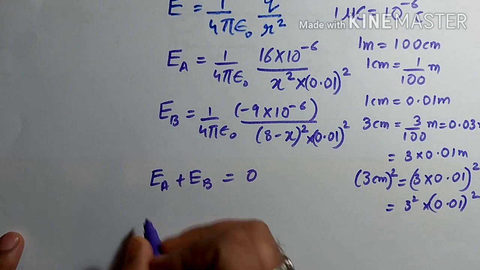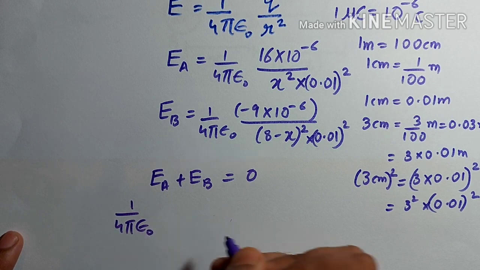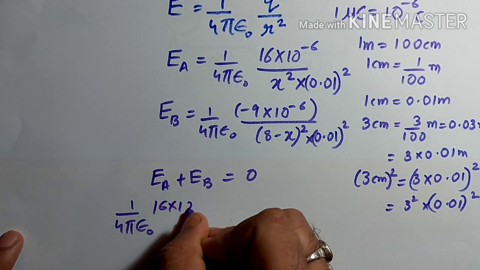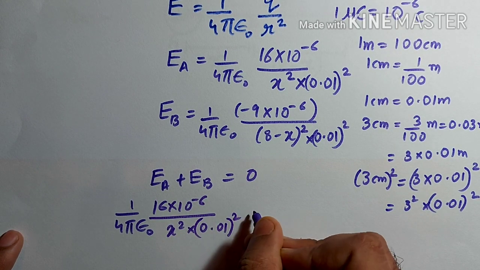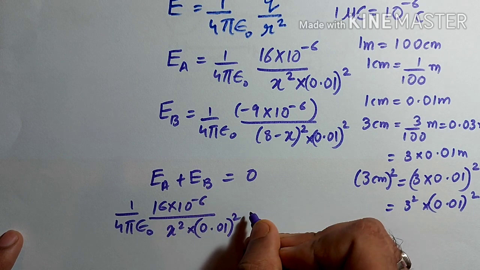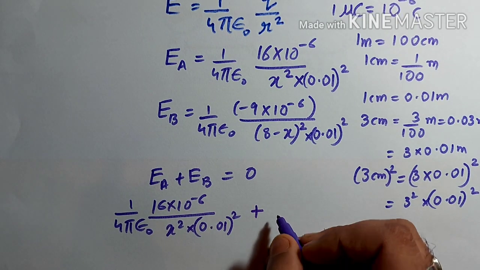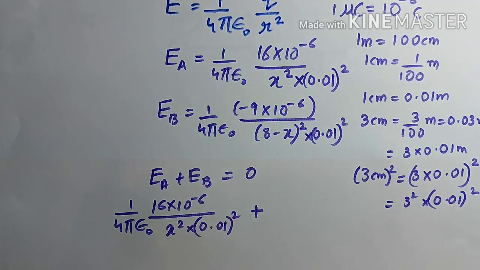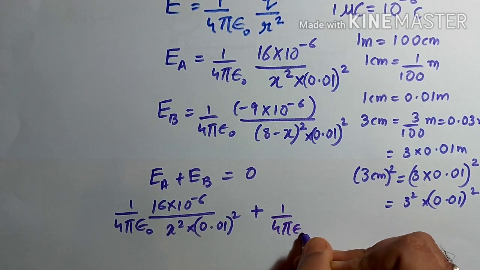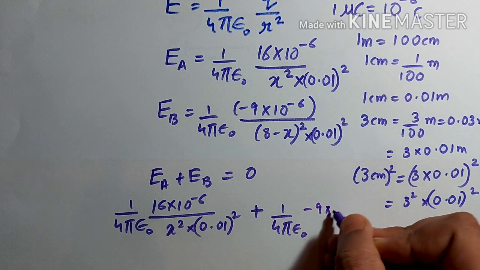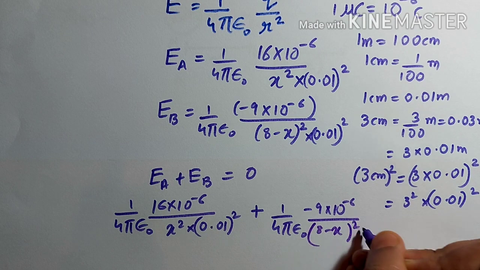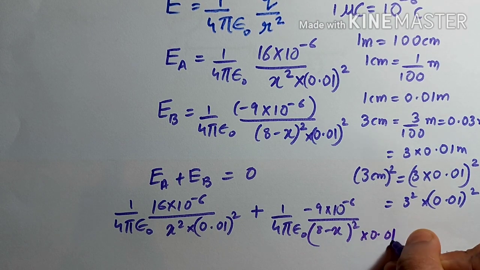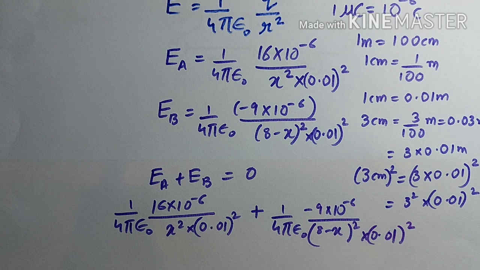So, 1 by 4 pi epsilon naught 16 into 10 to the power minus 6 divided by x square into 0.01 whole square plus EB, that is minus 9, or we can say 1 by 4 pi epsilon naught into minus 9 into 10 to the power minus 6 divided by 8 minus x whole square into 0.01 whole square is equal to 0.